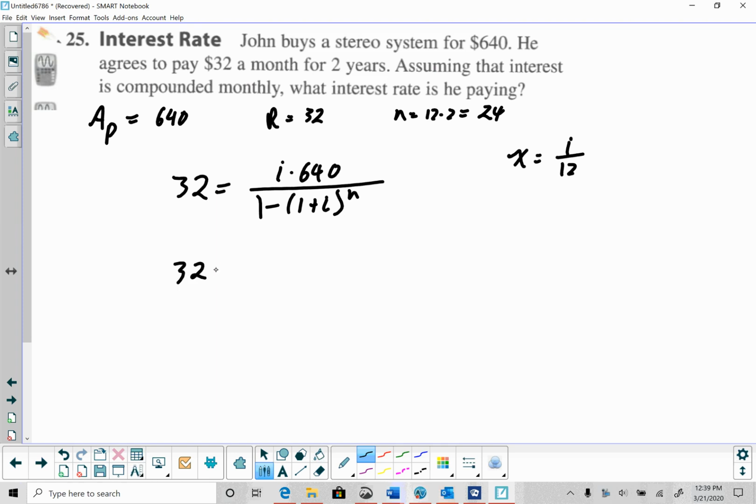So 32 has to be equal to x over 12, solving that for I, times 640 divided by 1 minus 1 plus x over 12 to the negative 24th power.